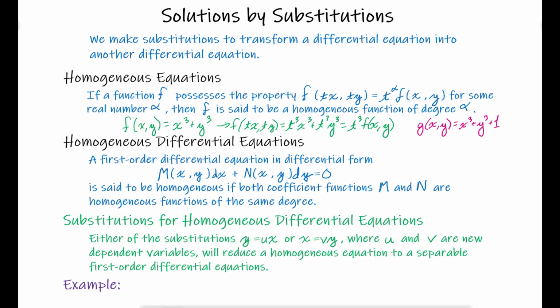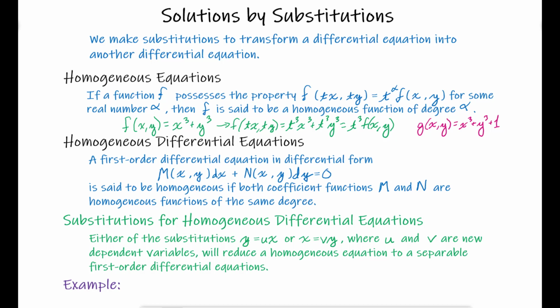Then if I look at what f of tx, ty is, well, that's going to be t cubed x cubed plus t cubed y cubed. And hopefully, obviously, I can factor out a t cubed, and I'm left with t cubed times f of xy. So this is a homogeneous equation of degree 3.